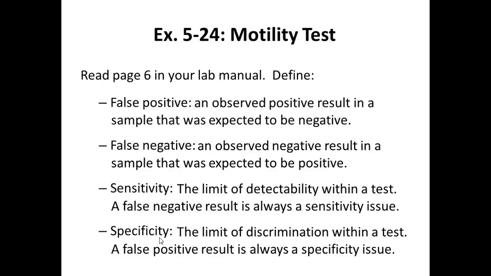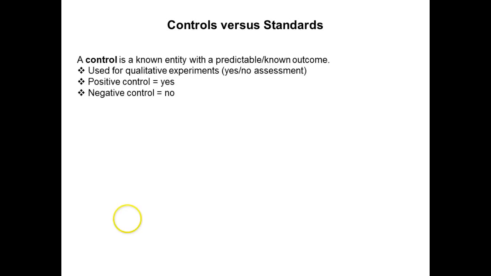So mostly we'll be dealing with sensitivity of our tests, but remember, we also have to know what we are testing for, right? And is this test truly testing for what we're asking? Are we having some cross-reactivity like what happens with the pregnancy test? So to help us in these, we'll usually run controls, right? Known positives, known negatives, so that we know and can see, right?